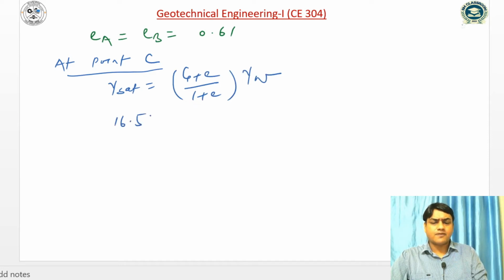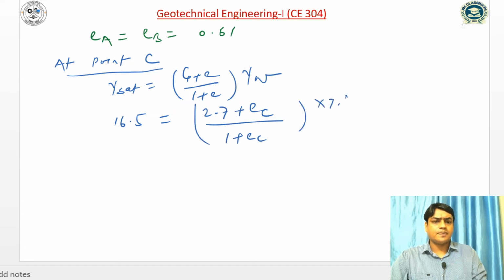So 16.5 is equal to 2.7 plus EC divided by 1 plus EC into 9.81.